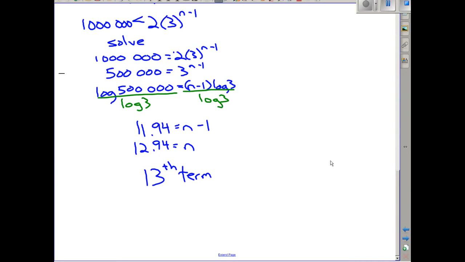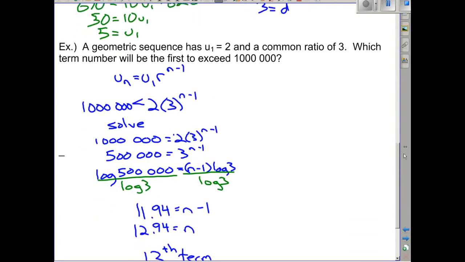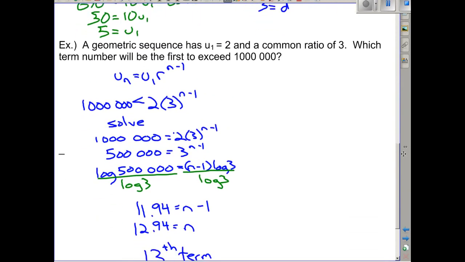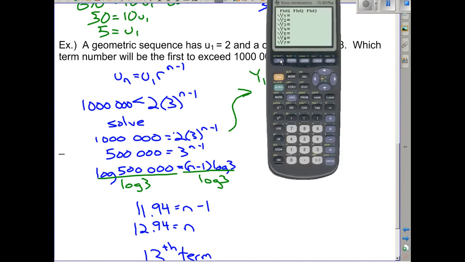Some other approaches to solving this might involve using your GDC to solve, say, this equation. Okay, so you could say that y1 is going to be 2 times 3 to the n minus 1. I'm going to put that in my GDC. 2 times 3 to the power of x minus 1.